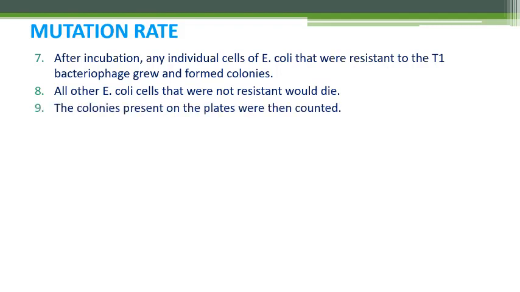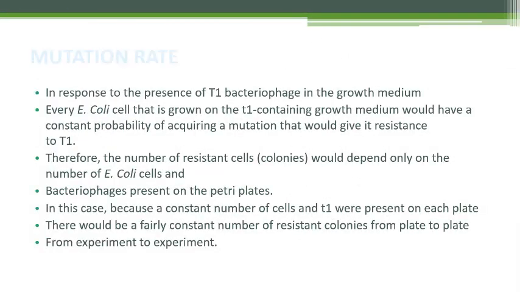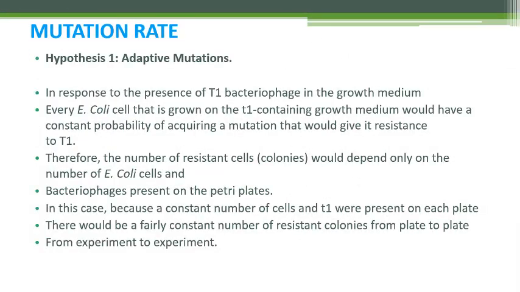So when the incubation period was over, the colonies present on the plates were counted, and now it's time to deduce the result, the experimental rationale for distinguishing between the two hypotheses. If you remember, there were two hypotheses: adaptive mutation or random mutation.